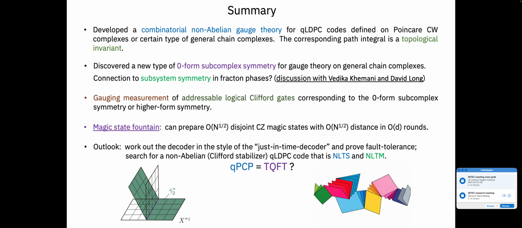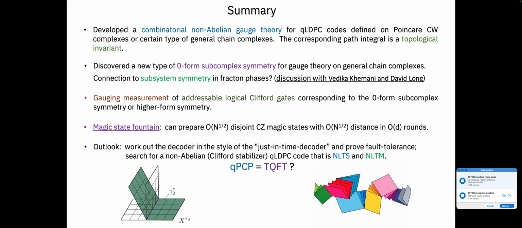It needs a long-range transmission line, but it's already being developed. We're quite ambitious on that. So maybe in 2028 or 2029, you will have some large demonstration of this type of code.